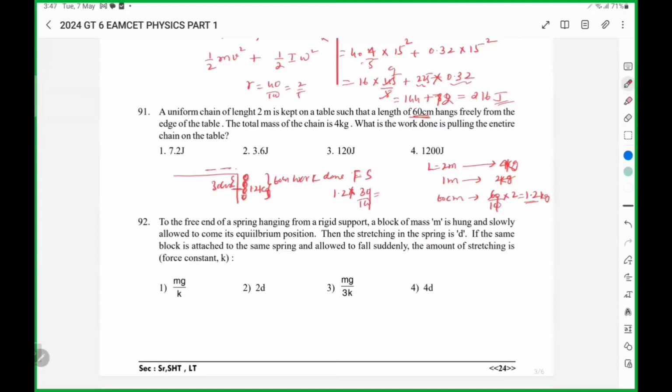We get 1.2 into 30 by 100, for 60 centimeters. For 2 meters it is 4 kg. Multiplying the mass by 10, the total is 3.6 joules.